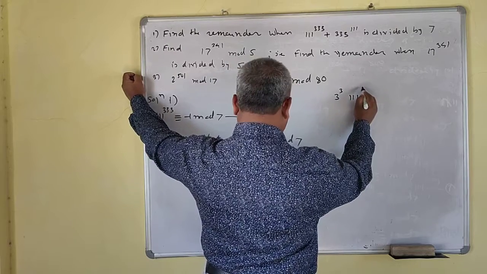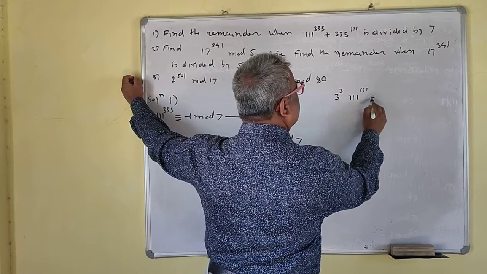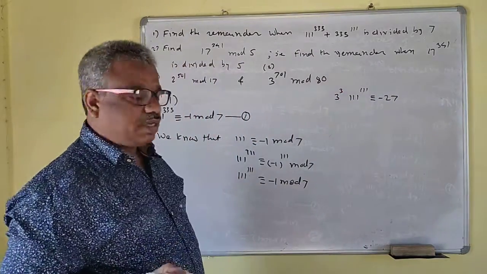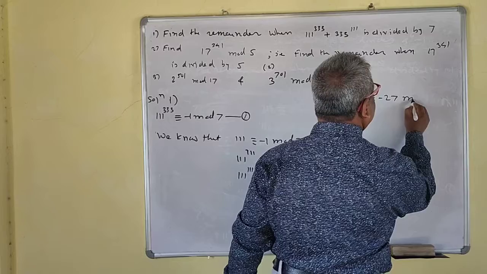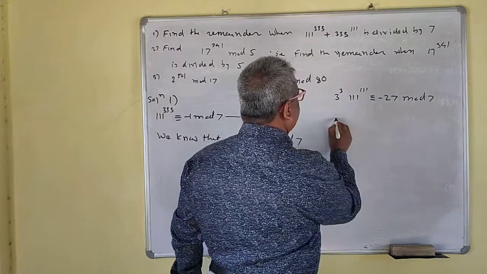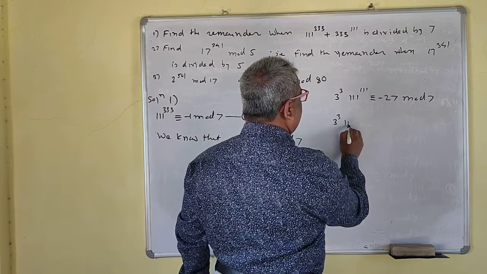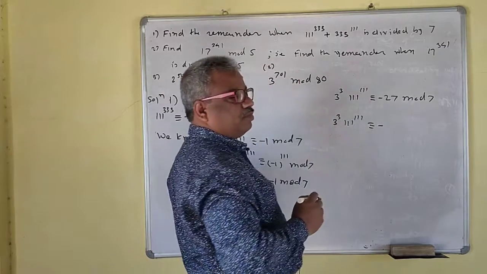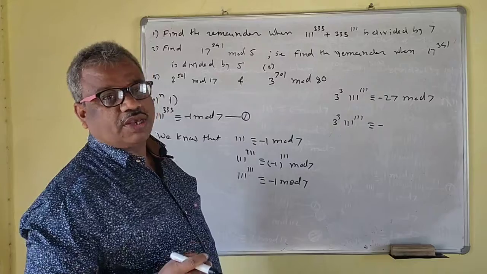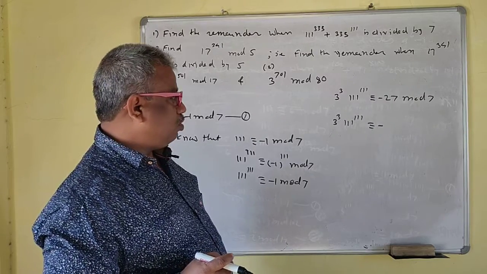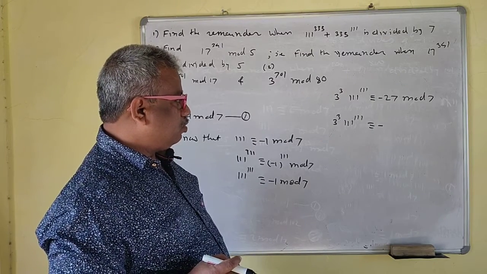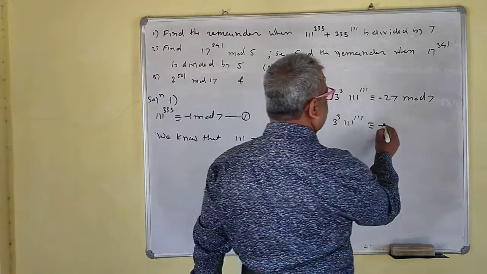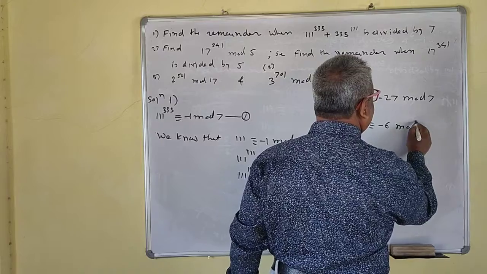111 to the power 111 times 3 cube is congruent to -27 mod 7. Now 27 modulo 7 is what? 21, then the remainder is 6, so -6 mod 7.